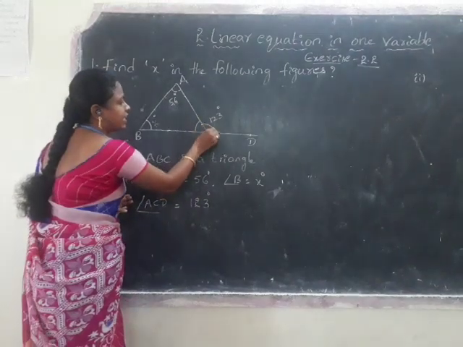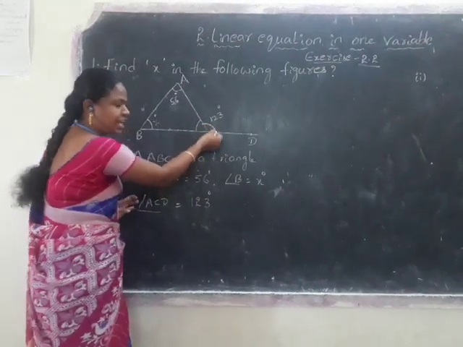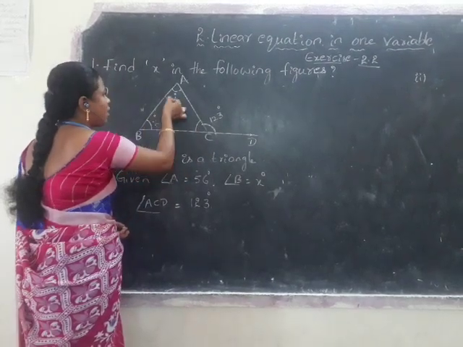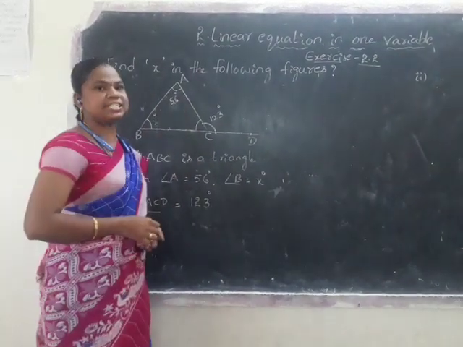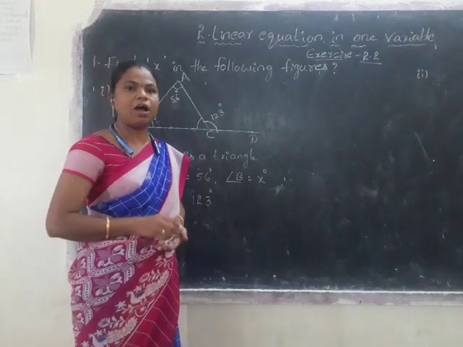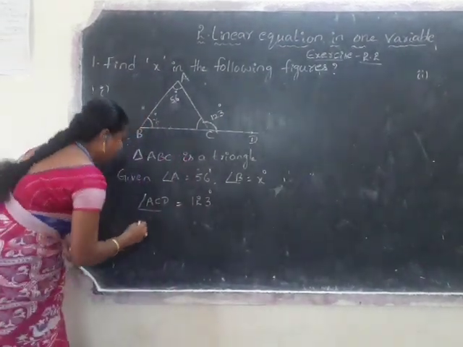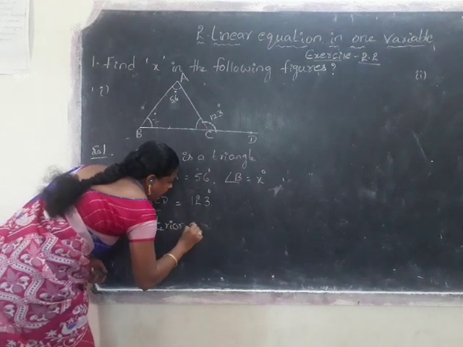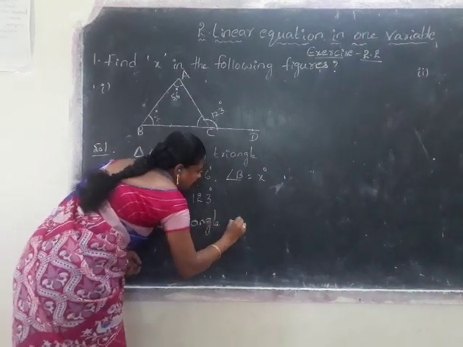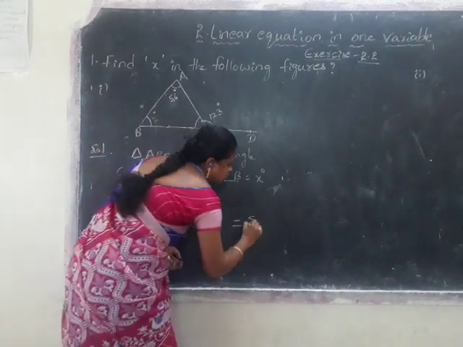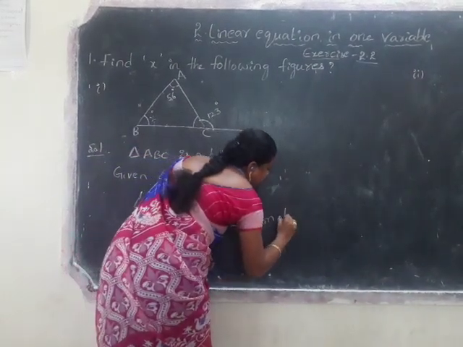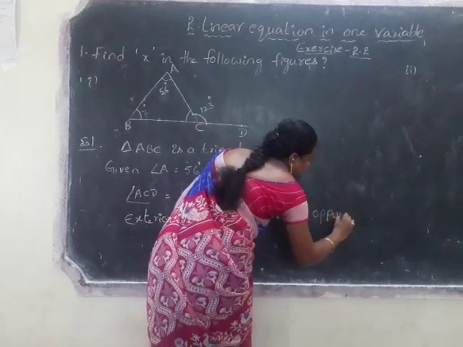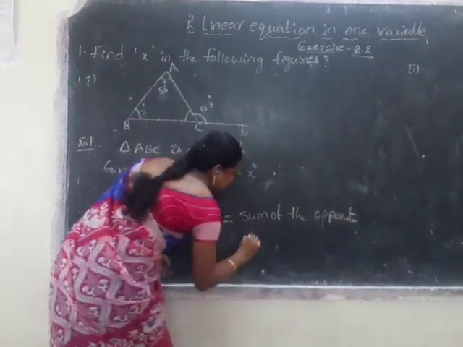The exterior angle is equal to the sum of the opposite interior angles.